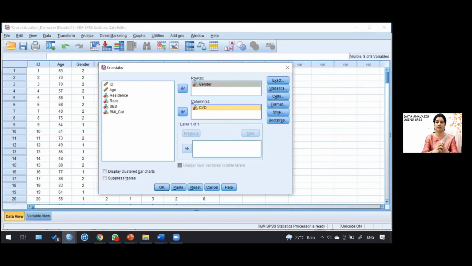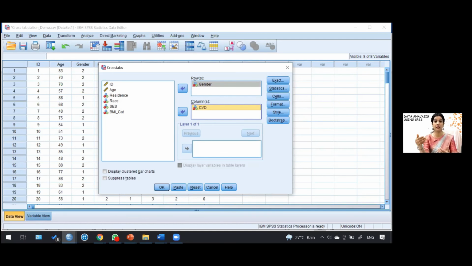This dependent and independent variable, we will do more about it in epidemiology. But if you just remember the concept, the independent variables are the variables against which we are trying to see the association of some outcome. So here we want to see the presence or absence of cardiovascular disease in the 2 genders.